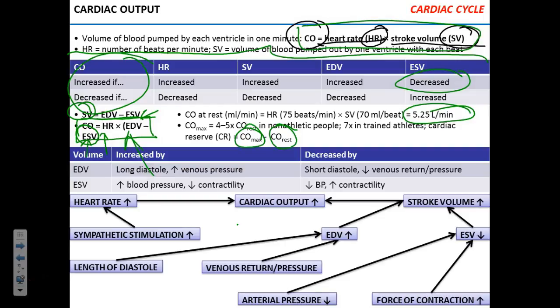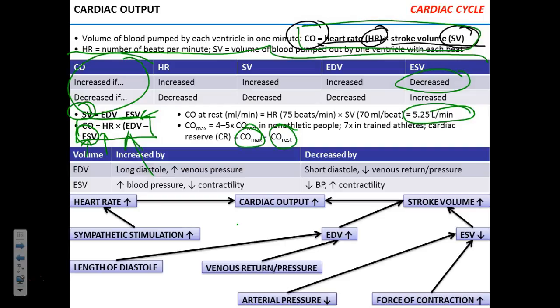The idea of venous return. Okay? Now when you exercise, venous return increases. When you do any kind of exercise, your venous return increases. Why? Your muscles squeeze the veins and milk the blood towards the heart. Seriously, that's what happens.